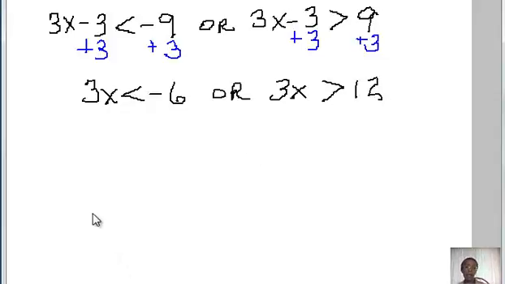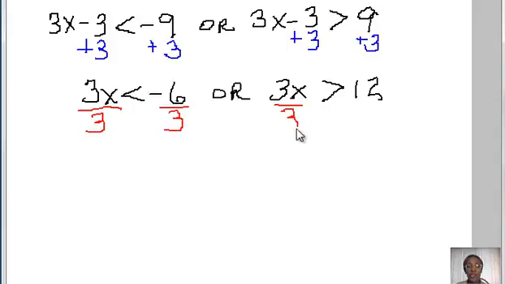These are inequalities. In order to isolate x in both inequalities, I need to divide by 3. So as long as I'm dividing by a positive number, the inequality symbol is going to remain as is.